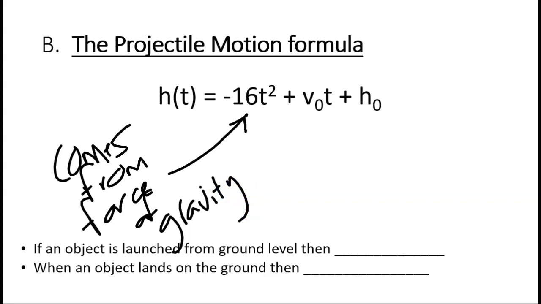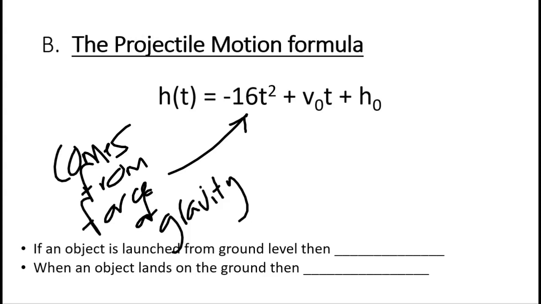I believe the force due to gravity is really just the acceleration, but I like to think of it as a force. There's a slight difference there, but the acceleration due to gravity is about 32 feet per second squared. And what that means is that every second the object starts falling 32 feet per second faster.